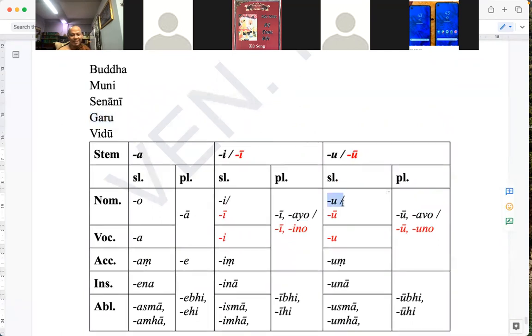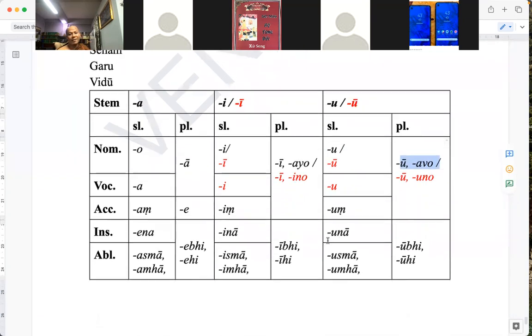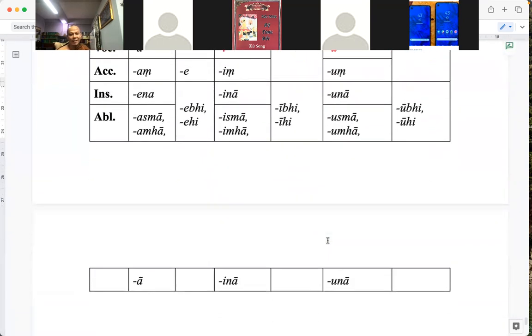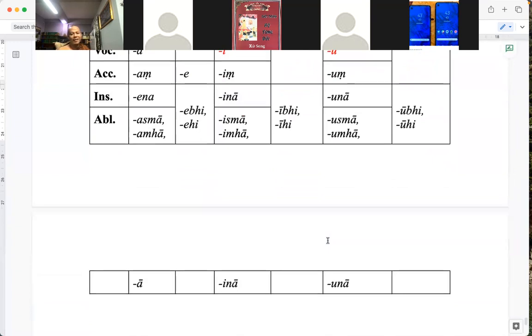Okay, and then Garu. Garu, Garu, Garawo. And the vocative. Garu, Garu, Garawo. Garung, Garu, Garawo. Garuna, Garubi, Garuhi. Garusma, Garuma, Garuna, Garubi, Garuhi.